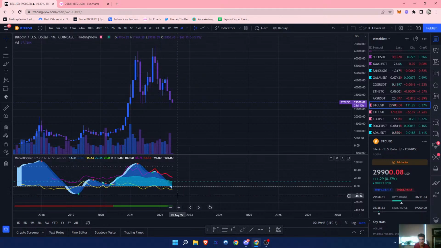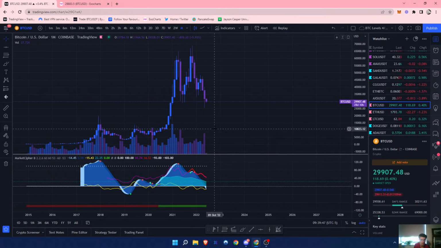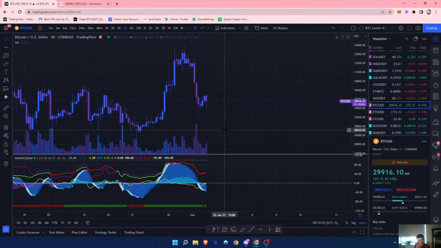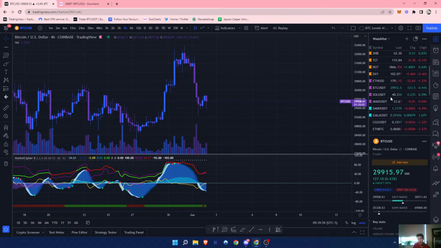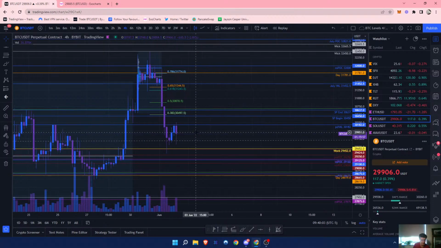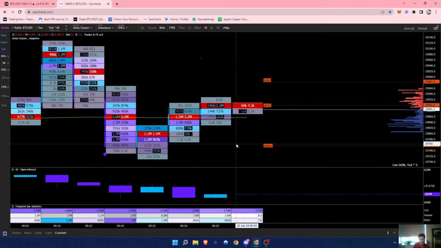Monthly momentum coming down, money flow coming down. Really just the general basics. But other than that, I don't really use it for scalping much anymore, unfortunately. I like order flow a lot more.